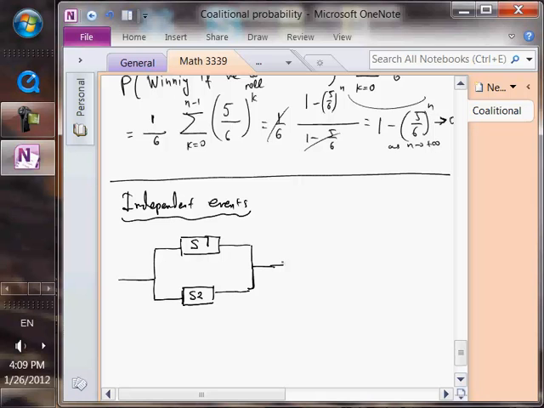What you want is that they can be triggered with equal probability, or actually both sensors S1 and S2 can fail with the same probability.